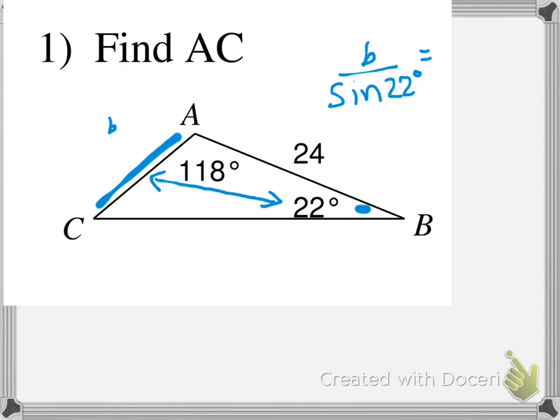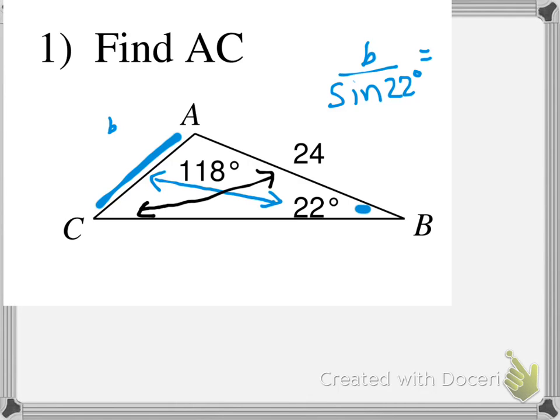Now the only side that I have to choose from is this 24. So I know, and again, to find the opposite side of that, if you're having trouble with that, maybe that arrow is helping you with that.